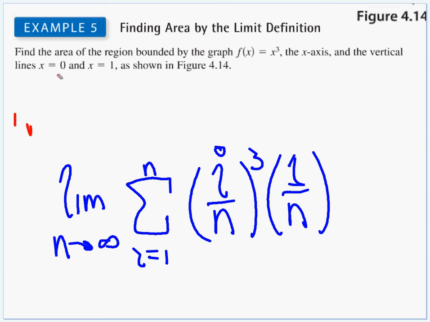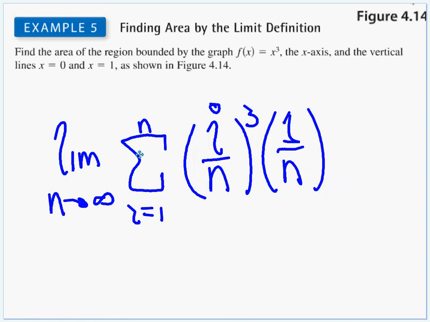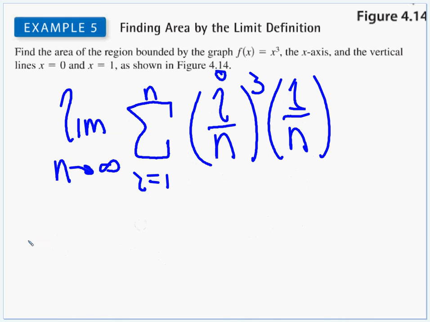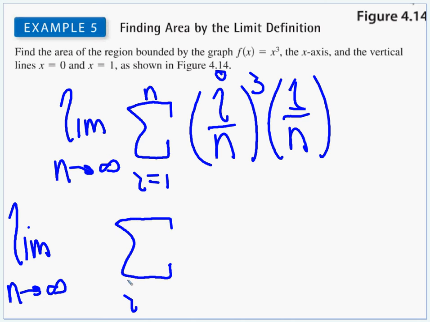All right, it's simplification time. Let's cube that one quantity and see what we can pull out in front of the summation. So we're going to have our limit as n goes to infinity at some point. I'm going to leave a little gap there for my summation from the first to the nth rectangle. And this is going to be i cubed when we cube this first term. So this is going to turn into an n cubed times this n.